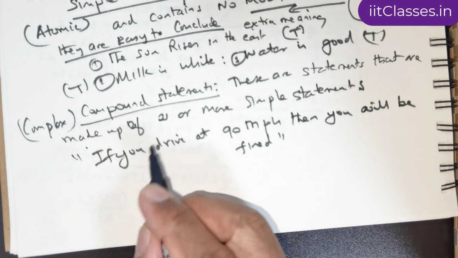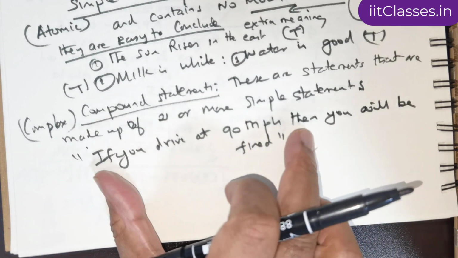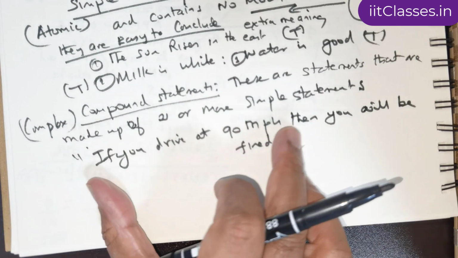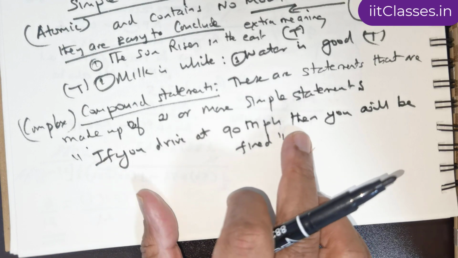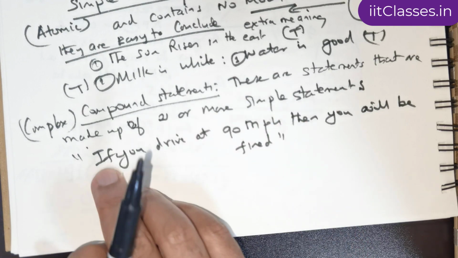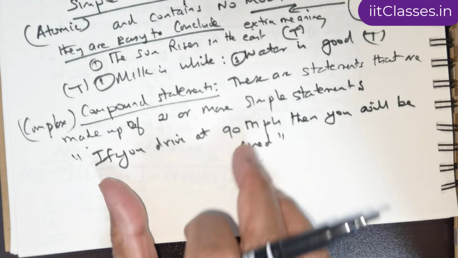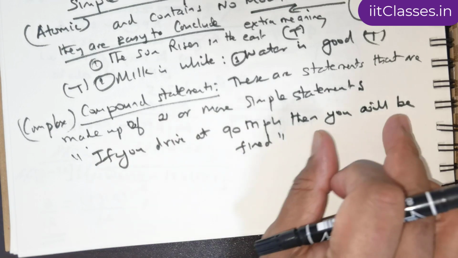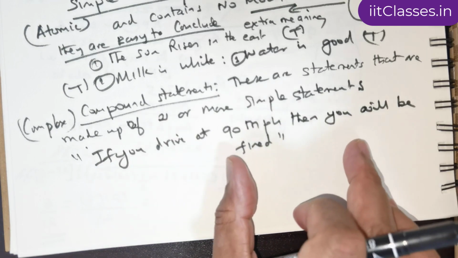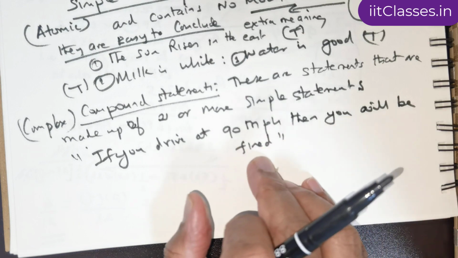This is a compound statement because it uses, of course, we have not studied this. When we study implications, I will tell you how to use if and then. So if there is a statement here, then this is the consequence. Then you will be fined.